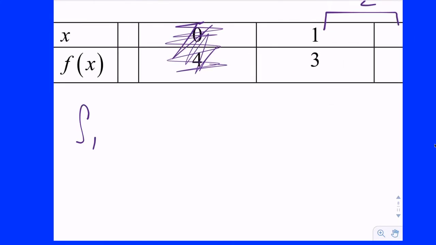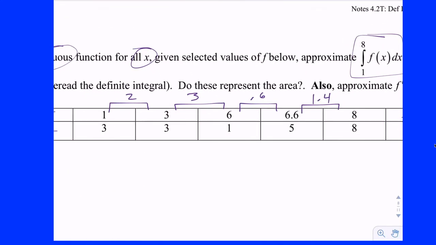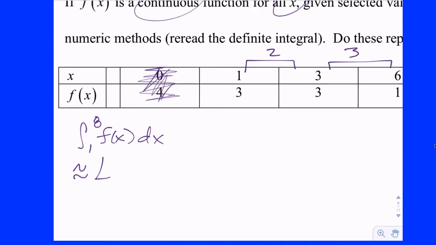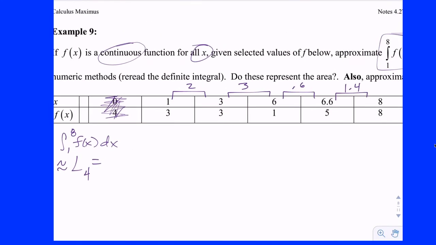Here we go. The integral from 1 to 8 with respect to x, dx, approximately L of. Well, let's see, how many subintervals is that going to allow us? How many delta x's did I compute? 4. Okay? So we're not using all the data, but we got 4 subintervals. So L sub 4 equals, and here we go.